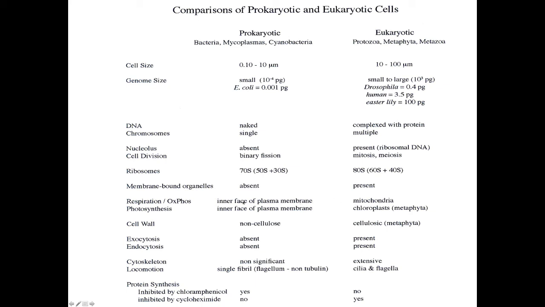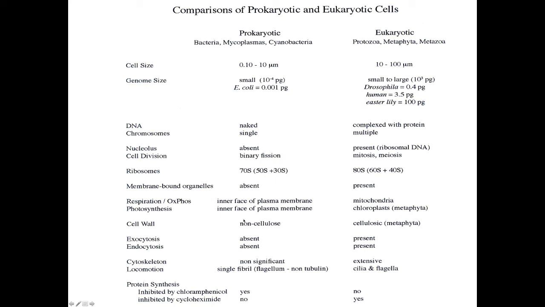In prokaryotic cells, this occurs in the cytoplasm and on proteins embedded on the inner face of the plasma membrane. We don't talk about photosynthesis in medical school. Photosynthesis in plant cells occurs in chloroplasts, which are very complex organelles, by the way. They're actually a triple membrane-bound system. Photosynthesis in primitive prokaryotes occurs in the cytosol and on the interface of the plasma membrane.